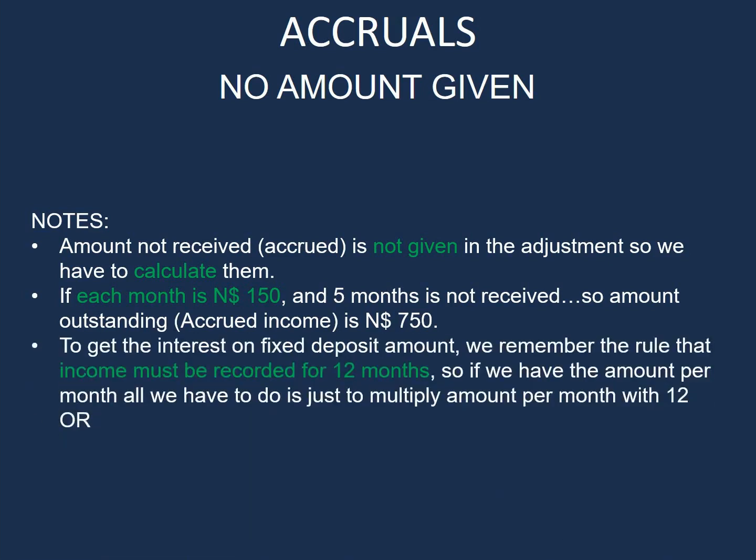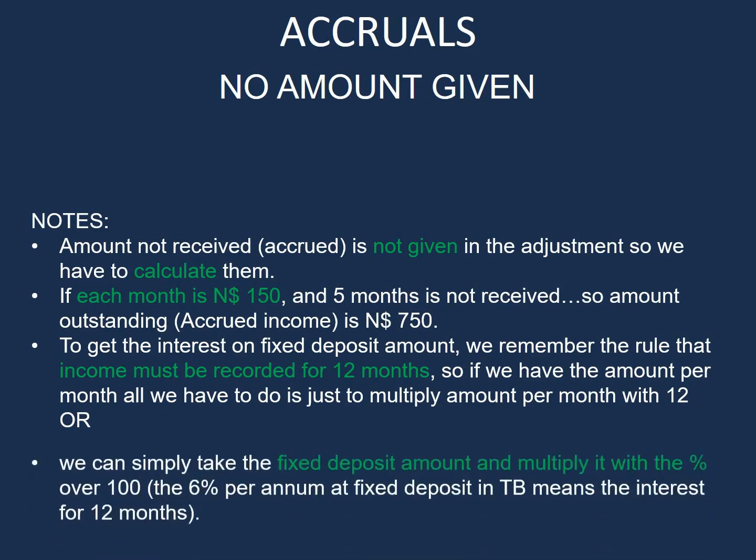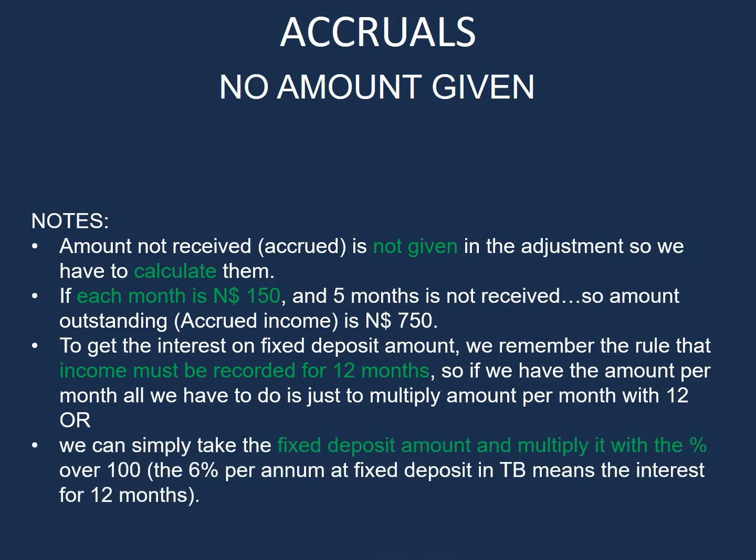To get the interest on fixed deposit, we need to remember the rule that income must be recorded for 12 months. So if we have the amount per month, all we need to do is multiply the amount per month with 12 months, or we can simply take the interest on fixed deposit and multiply it with a percentage. Let's have a look at our second example where no amount is given.